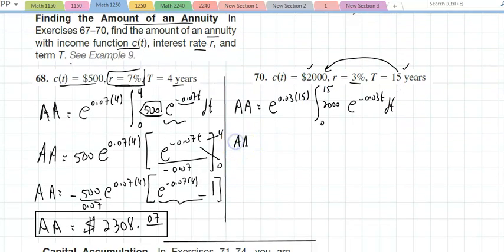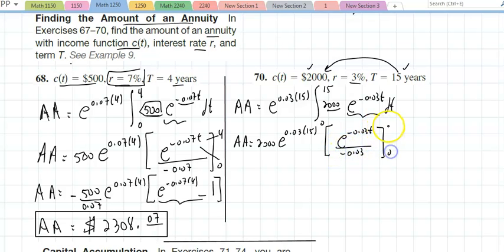Now I know how to integrate that. That's a constant. I'm going to drag that out. E to the 0.03 times 15. Again, you could multiply this, but you could do it on a calculator, right? One shot, times, what's the integral of this? That's e to the negative 0.03t divided by negative 0.03 evaluated from 0 to 15.